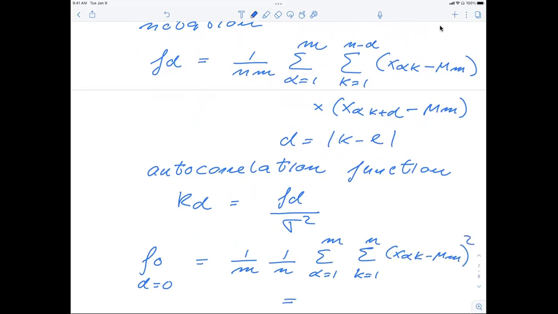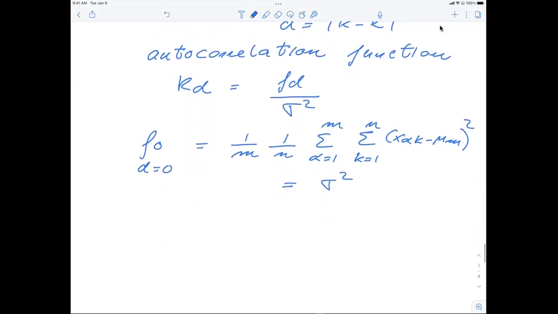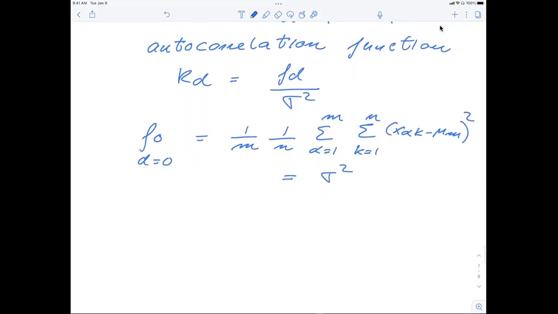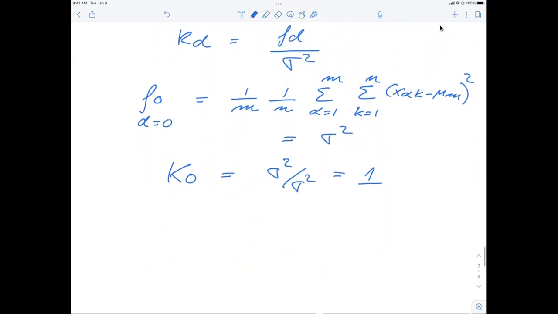And this is nothing but this sample variance which we defined, not the total variance, but the sample variance. So that means that this correlation function k0 is given by sigma squared divided by sigma squared. So it has one point which has to be exactly equal to 1. So when you're calculating this correlation function, and if you don't get 1 when you have d equal to 0, then you've probably done something wrong.